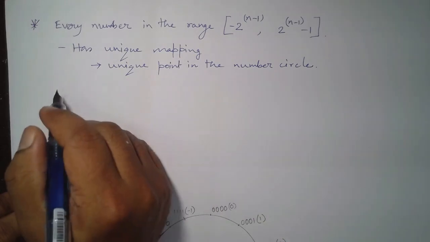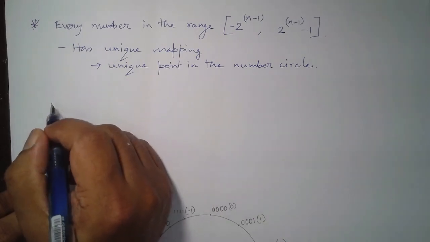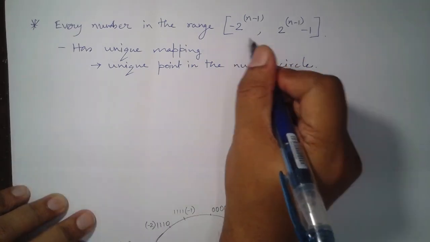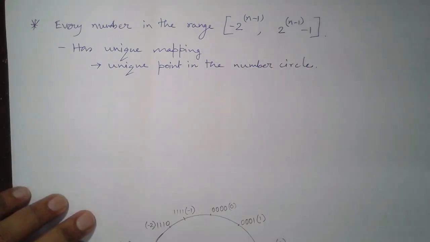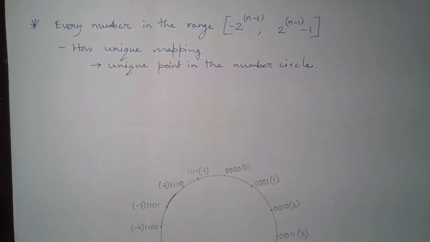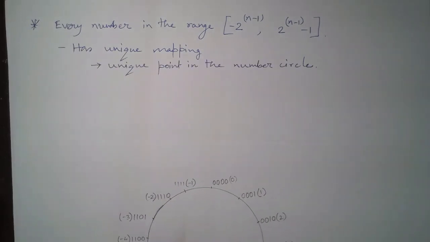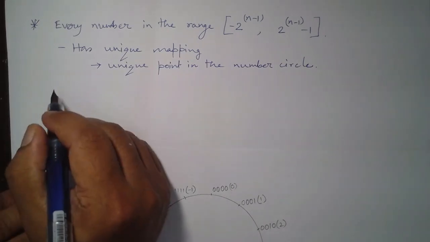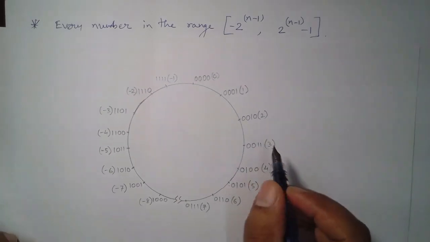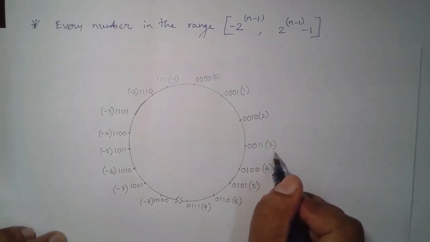Now, can we represent all the numbers uniquely? If the number is within this range, then of course we can represent every number uniquely. But what if the number is greater than that? Let us take the number 3.